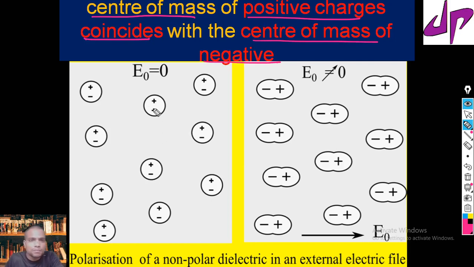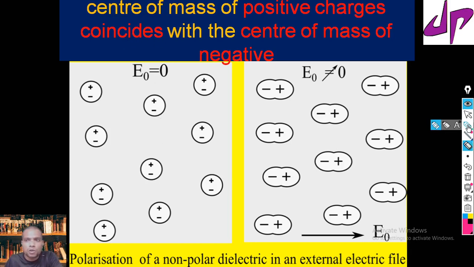So here you can see the location where the center of mass of both the positive and negative charges coincide. If you want to locate the center of mass, it is exactly at the middle. That happens when there is no external electric field. Here E is equal to 0, meaning there is no external electric field.